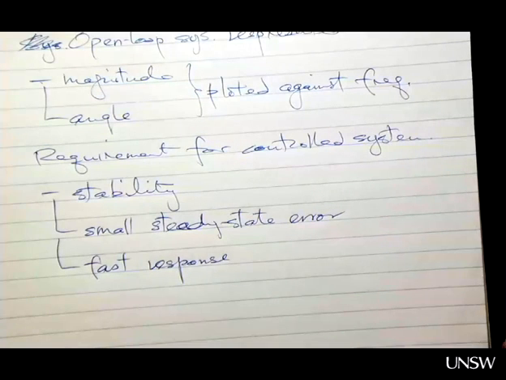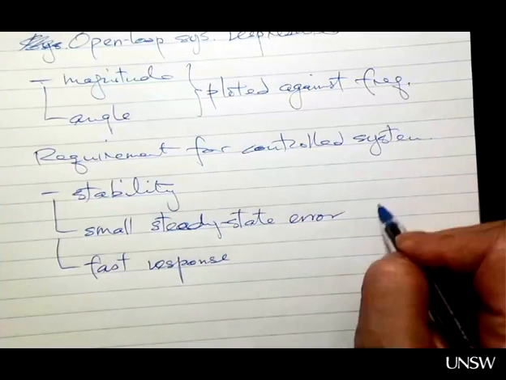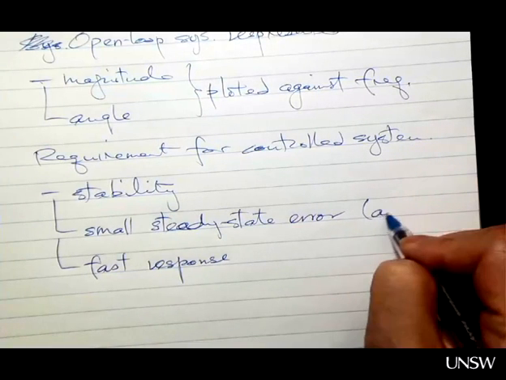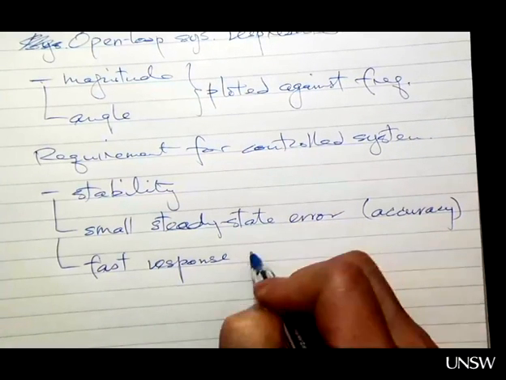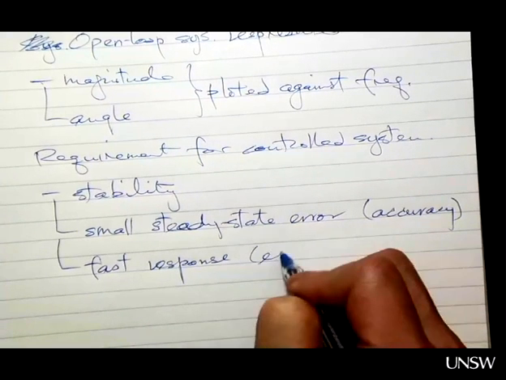The small steady state error means that we need the accuracy. And then the fast response means that we want the efficiency.